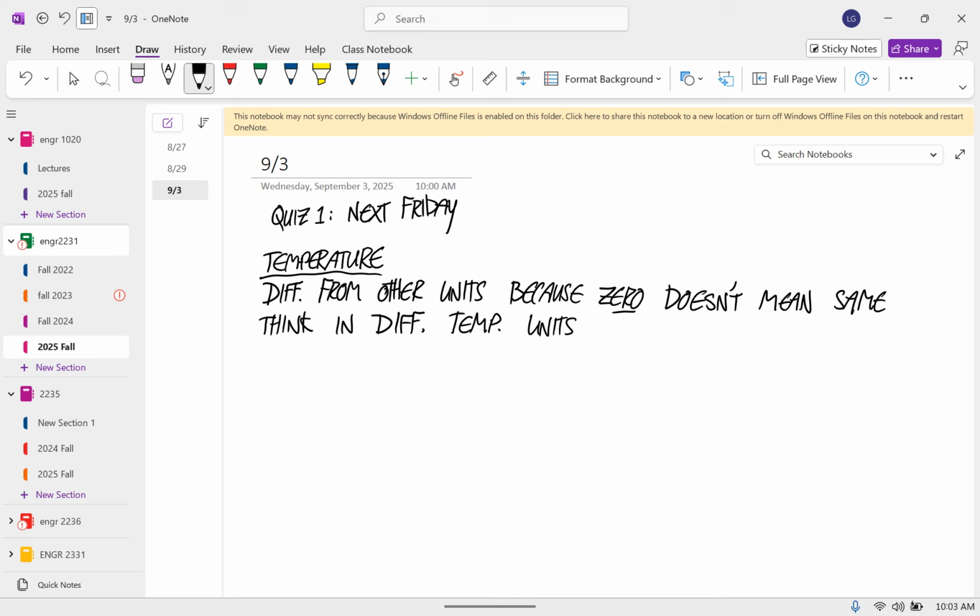There's only 4 types of temperatures that'll come up ever in this class. Pretty much just 2, really. So Celsius, Fahrenheit, Kelvin, and Rankine.